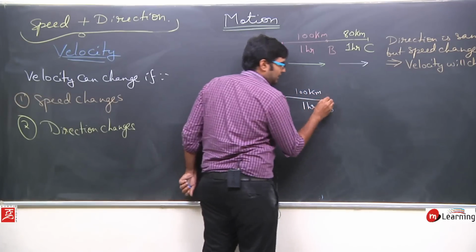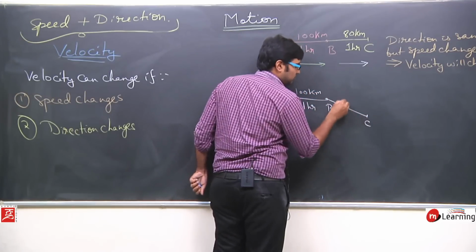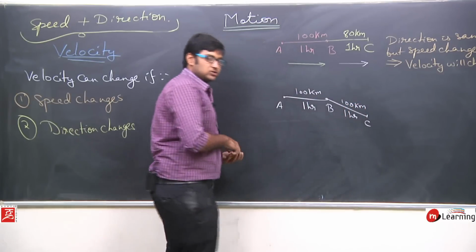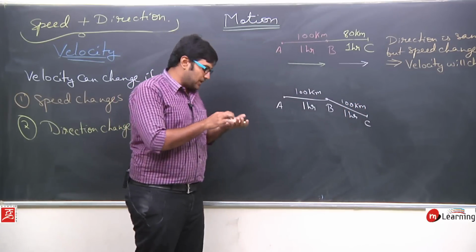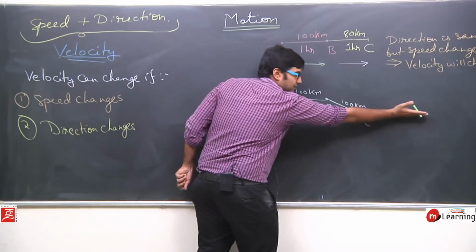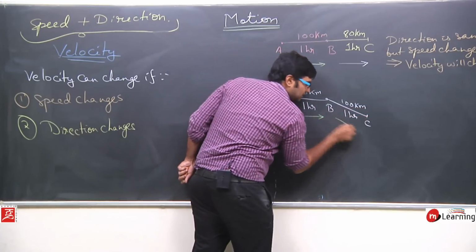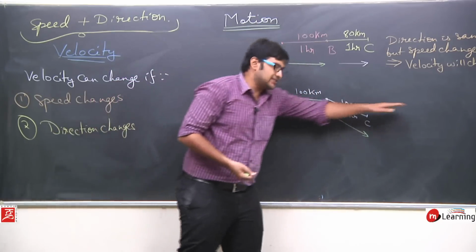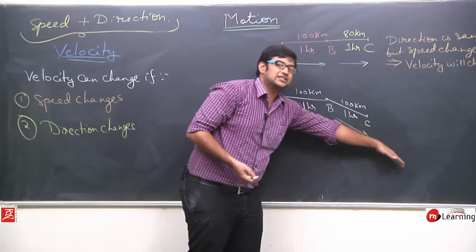Then I travel from, let's say, B to C, again 100 kilometers in 1 hour. So when I was traveling from A to B, my direction was like this, but from B to C I traveled in this direction. So from A to B my direction is like this, but from B to C my direction is changed.